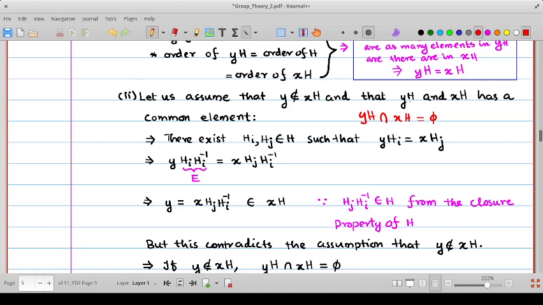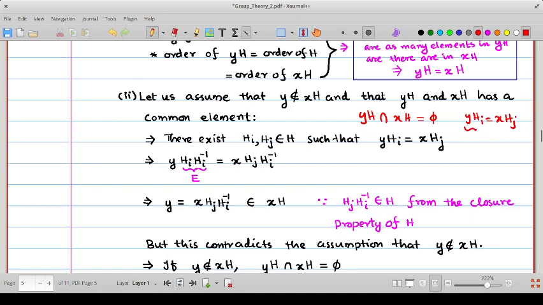So let us assume that y is not in xH and that yH and xH have a common element. So if yH and xH have a common element, that means there will be an element hi such that yhi, and there will be another element hj such that yhi is equal to xhj.